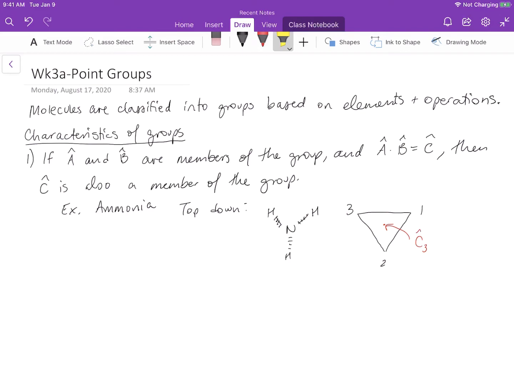And then we have some mirror planes. And notice the prime is just to separate the three and show that they're distinct. And so in ammonia, the operations we have are E, C3 once, C3 twice, sigma v prime, and sigma v double prime.